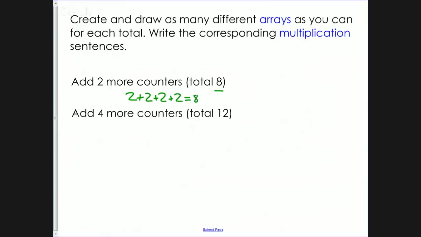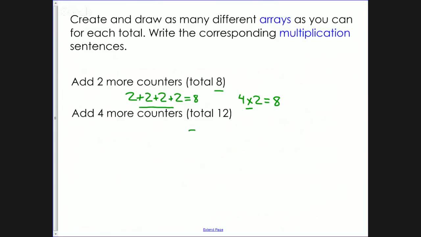So we've used 2 four times. So the multiplication sentence would be 4 groups of 2. And we have to remember that a multiplication sign means groups of. Okay, so that's the corresponding multiplication sentence that goes along with the addition sentence that we created.